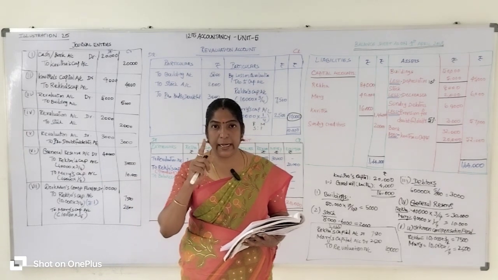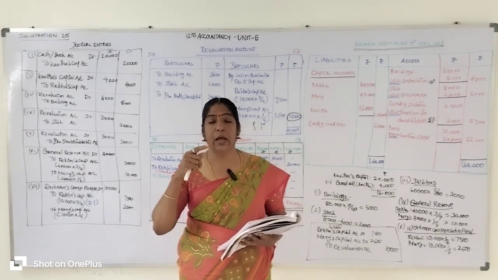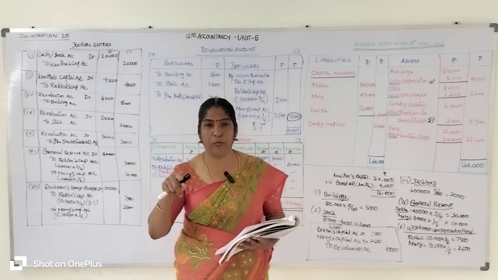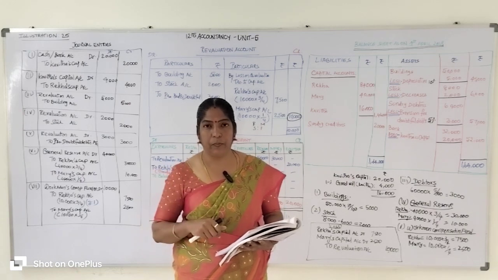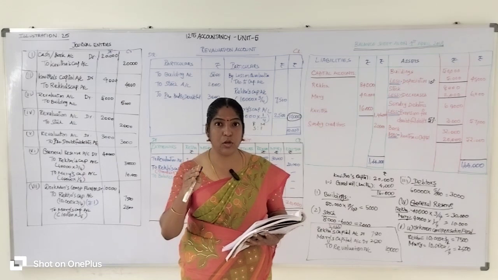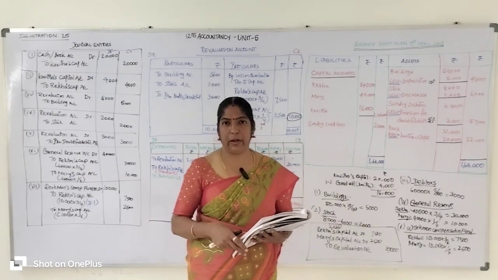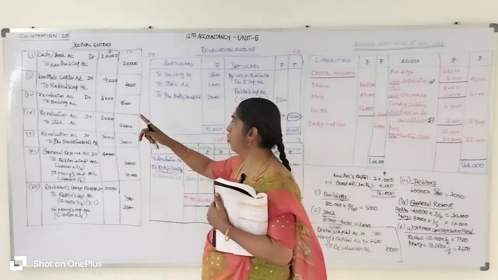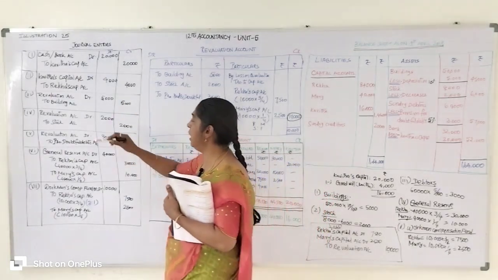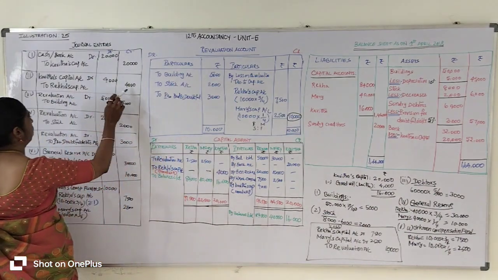Why? Because the old partner Rekha only sacrifices her 1/4 share of profit in favor of new partner Kavita. So the 4,000 rupees goodwill taken from new partner Kavita's capital account is immediately transferred to the old partner Rekha's capital account. What is the journal entry? Kavita's capital account debit 4,000 rupees to Rekha's capital account 4,000.